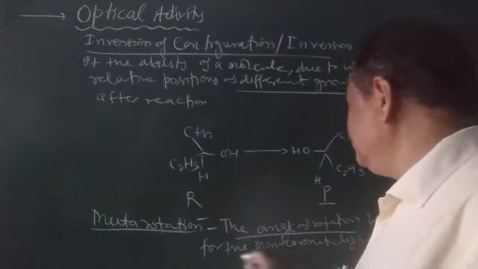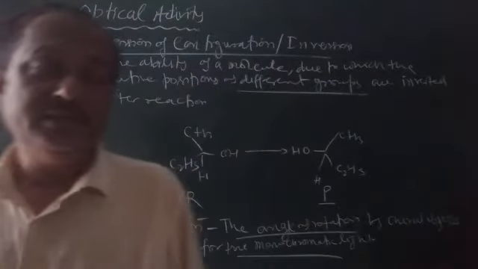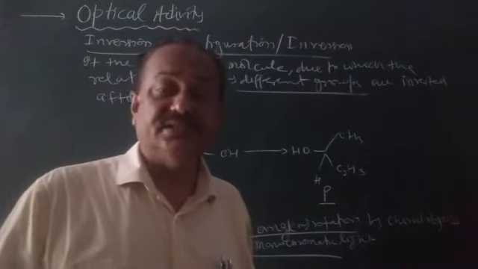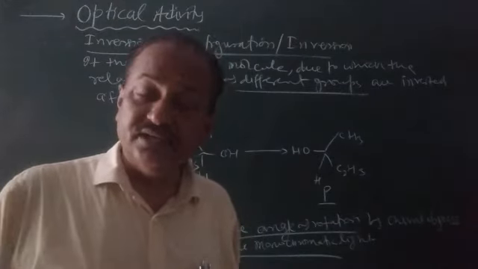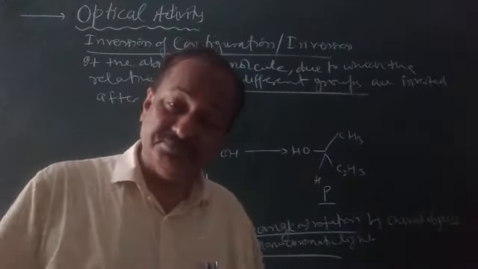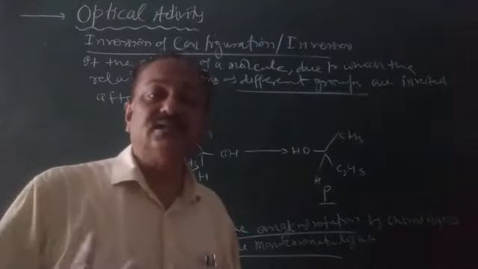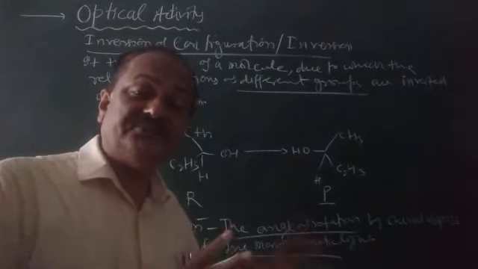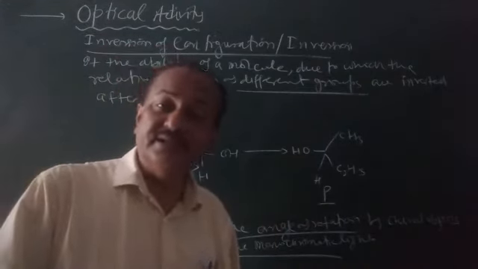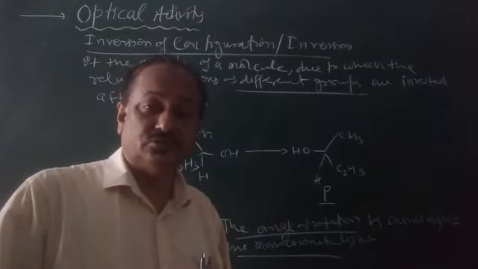It means their angle can be different. It may rotate 20 degrees, 30 degrees, 45 or 180. So mutarotation simply means the angle to which the axis is rotated. And these topics are very important to study the configuration in SN1, SN2 reactions.